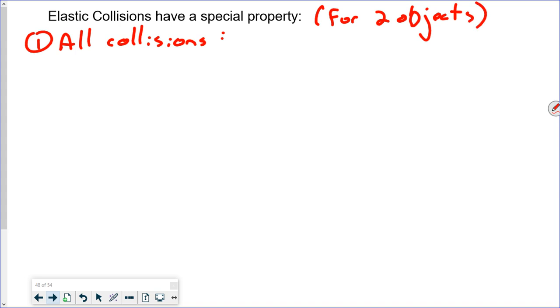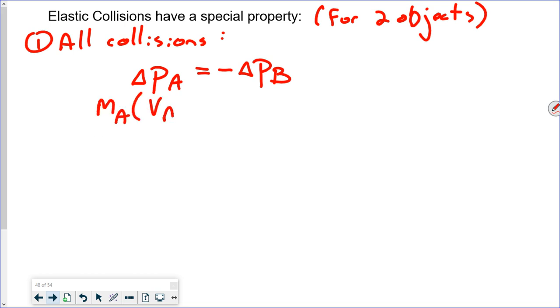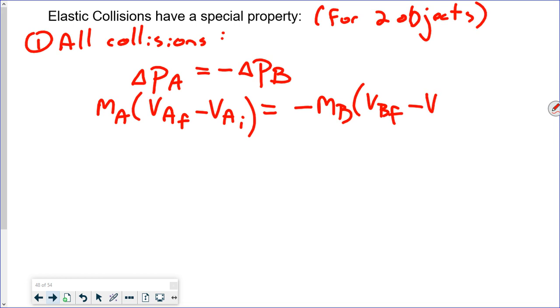All collisions have the property that the change in momentum for one of your objects is equal but opposite to the change in momentum for your other object. In other words, the mass of A times (VAF minus VAI), mass times change in velocity, is equal to the negative of the change in momentum for the other object: negative mass of B times (velocity of B final minus velocity of B initial). So that is one equation.